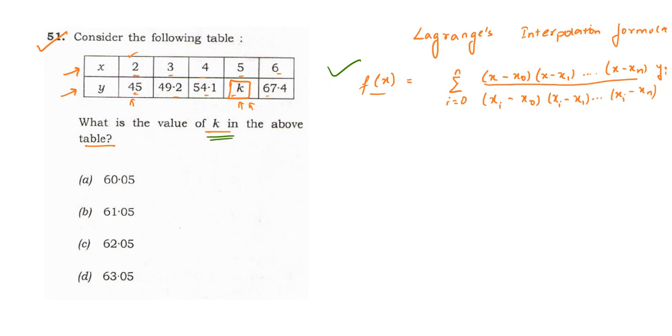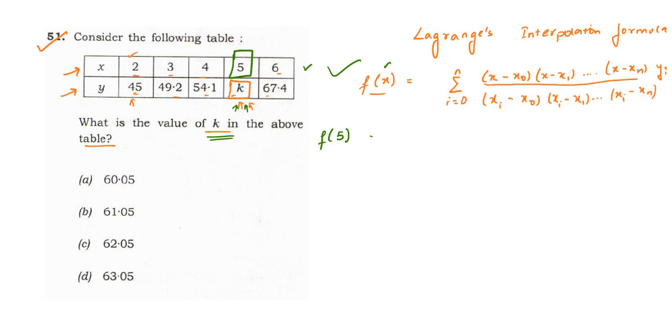Here we have the table, as you can see. Now we need to first find what value of x corresponds to k. As you can see, we need to find the value corresponding to 5. So in place of x we will have 5, that is f(5), or the value of y with respect to 5.